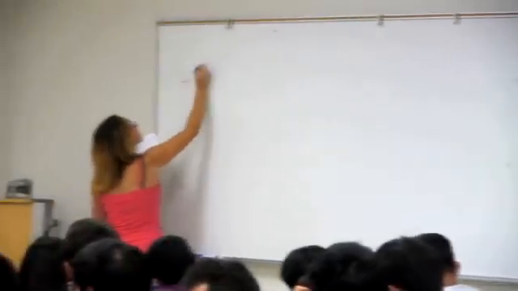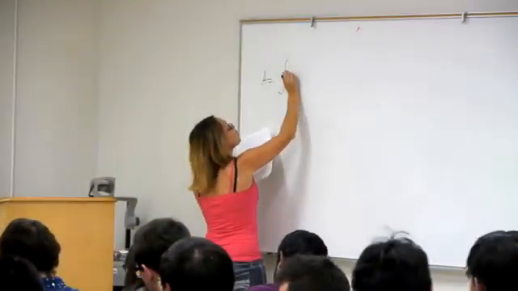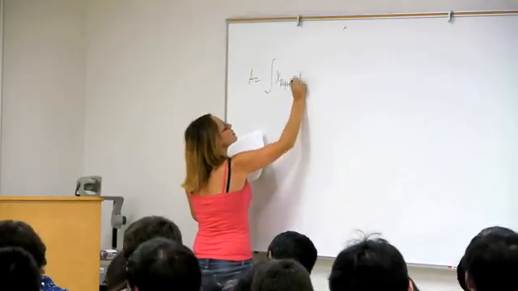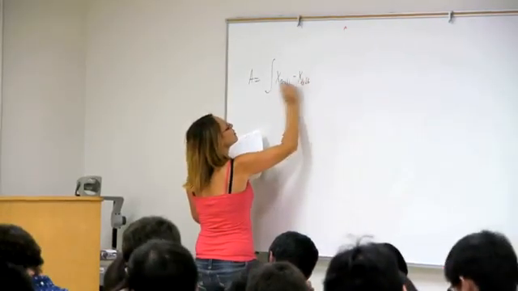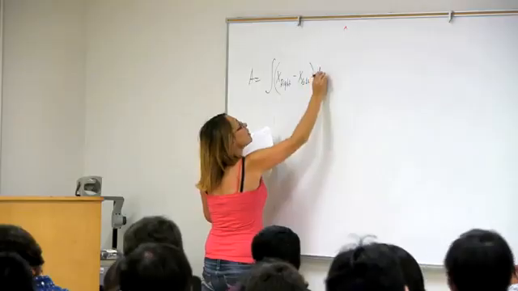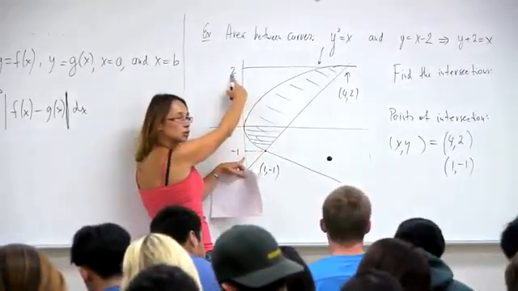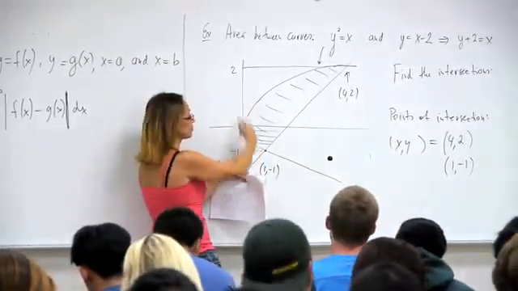So the area is an integral of x right minus x left dy. What are the limits of integration? In y, I go from minus 1 to 2. You can see it from this graph.